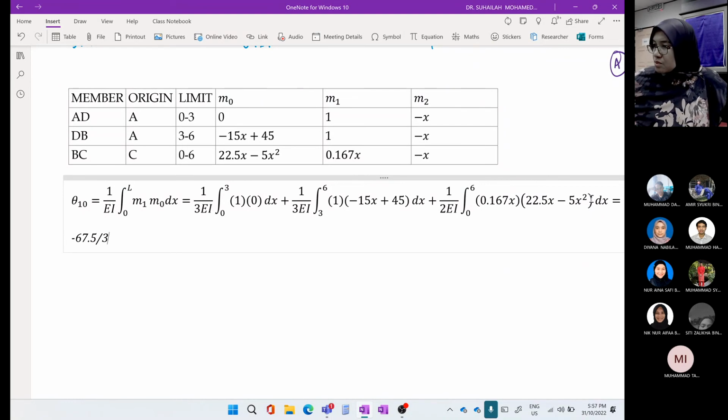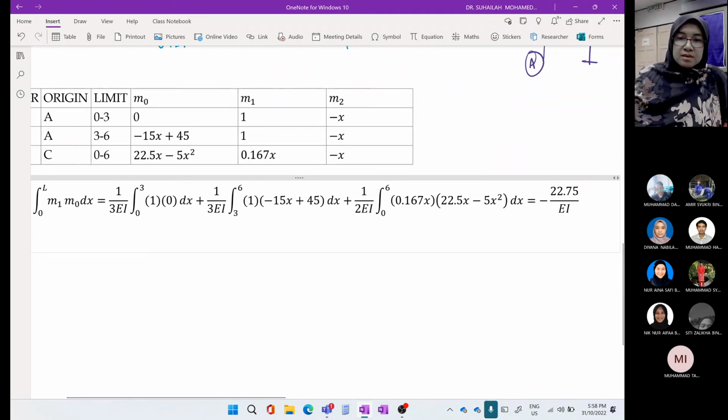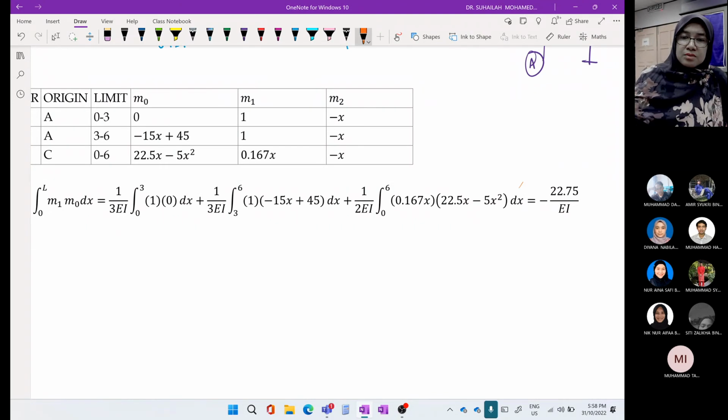And another one is 0. Tak letak kurungan. From 0 to 6. Dapat apa yang ni? Integration yang number yang ni.